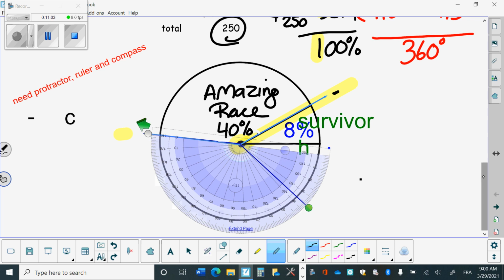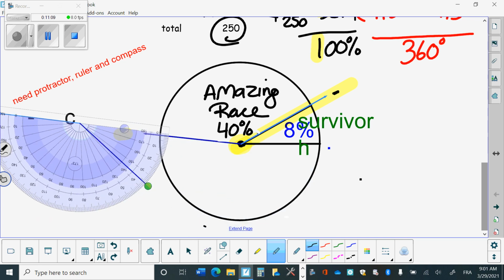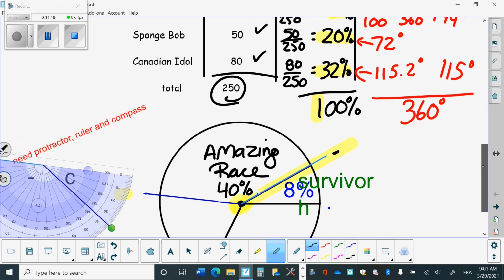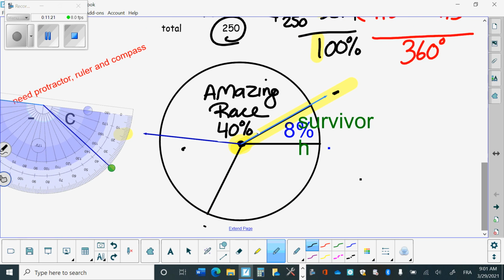I'm going to do that upside down. So I have my 0, 72 degrees is right here. I'm going to move that out of the way, get my ruler, draw a nice straight line that matches. And that one there is 20%. And that's going to be SpongeBob.